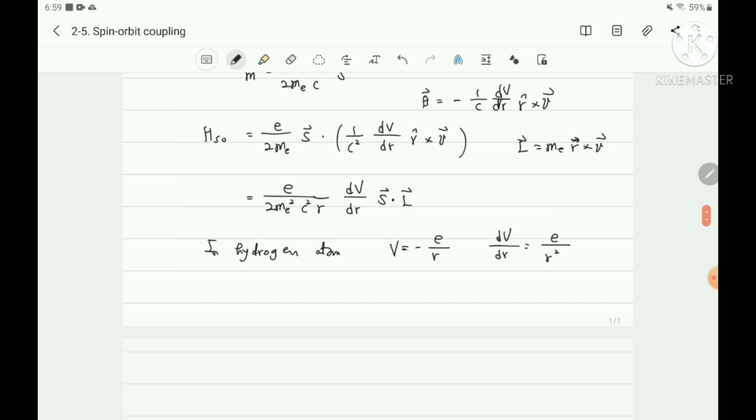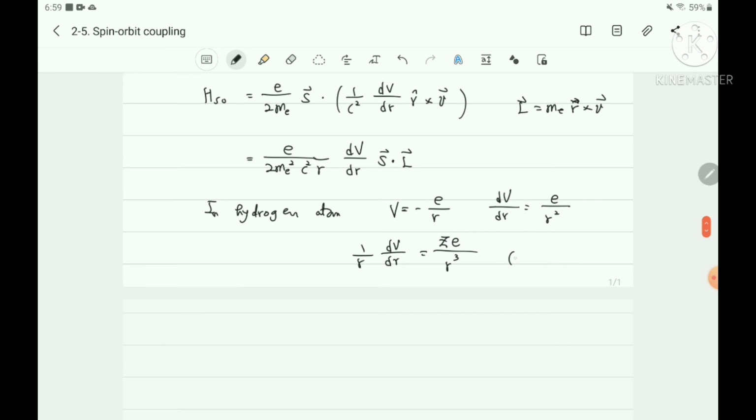Therefore 1 over r dV/dr is e over r cubed. But in the general case there should be the atomic number Z, which means the number of protons.